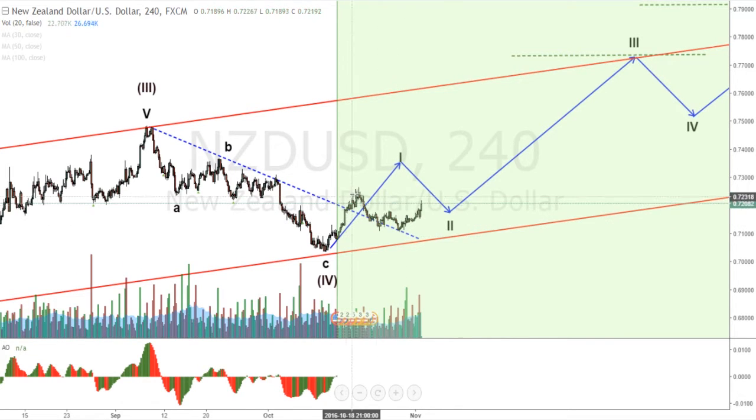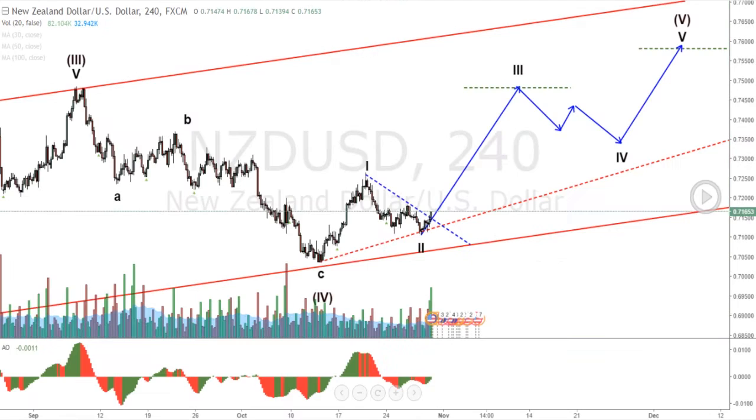So this was the first setup chart. This was the second setup chart. So the first entry was somewhere in there, and the second entry was somewhere in there. Stop was always around here.